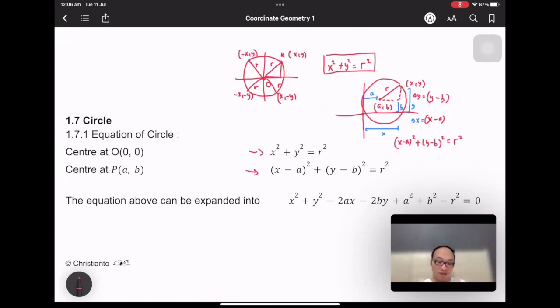So these two are the equation of the circles according to the center O and center A, comma B. And if we expand this equation, it will be expanded into this one.